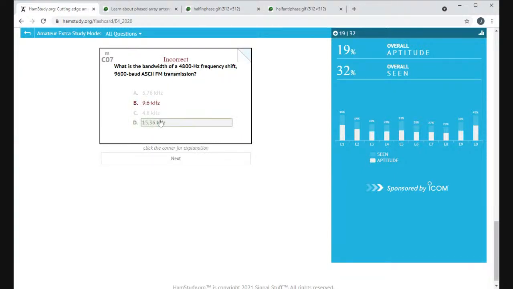I don't like any of the other answers, but the correct answer is D, 15.36 kilohertz.